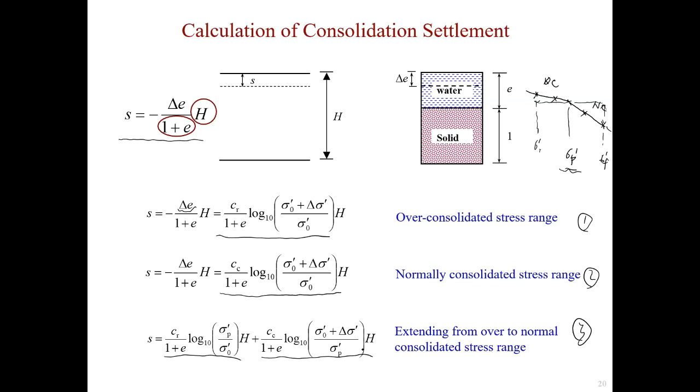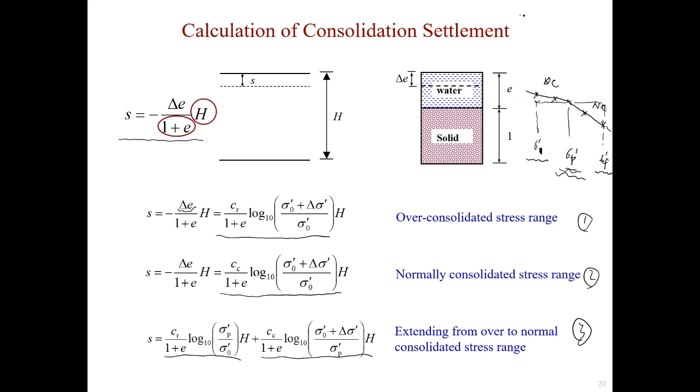Now I hope it's already a bit clearer to you. For this type of consolidation settlement, you only need to work out the initial effective vertical stress, the final effective vertical stress, and also the pre-consolidation stress.